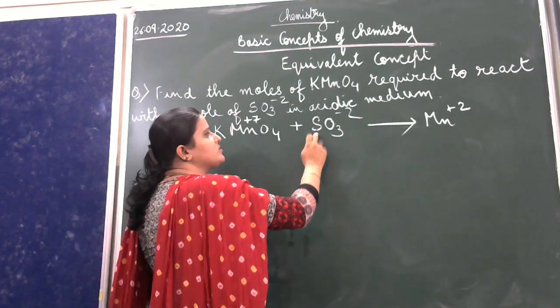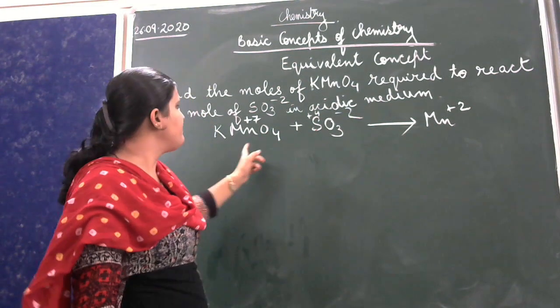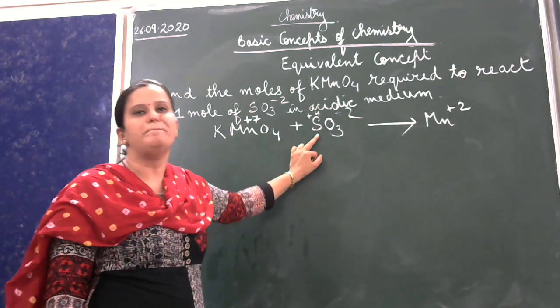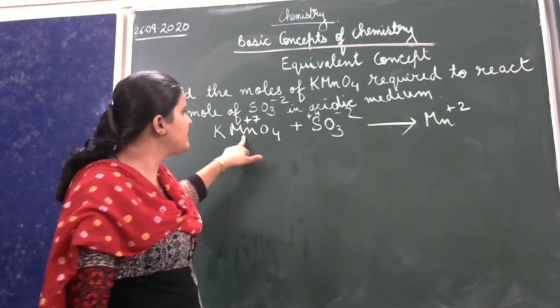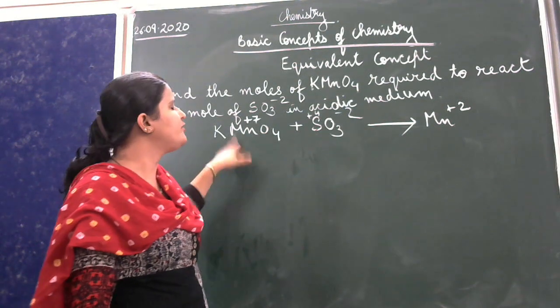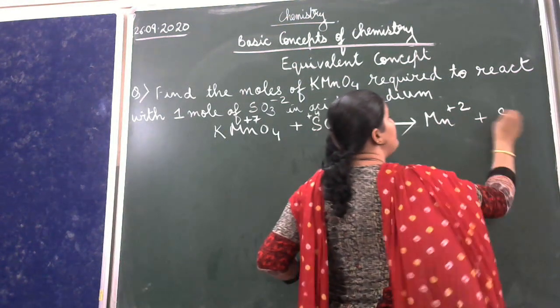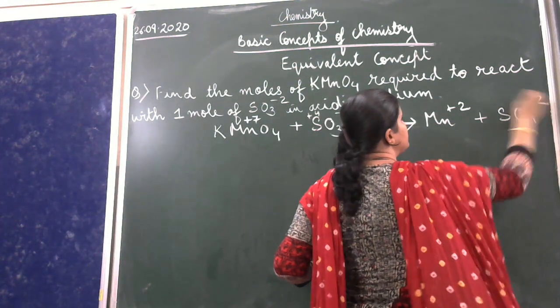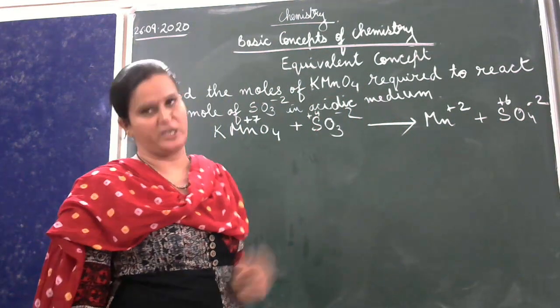So the oxidation state of sulfur comes to +4. Remember, sulfur can have a maximum oxidation state of +6. So this oxidizing agent KMnO4 will oxidize sulfite to sulfate ion, because in sulfate ion sulfur has +6 oxidation state.